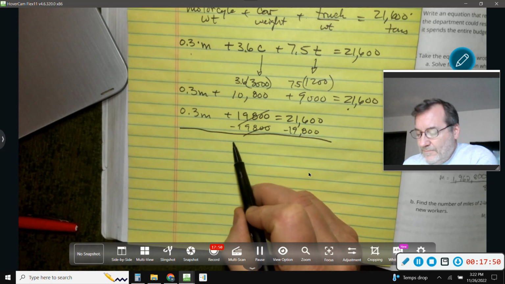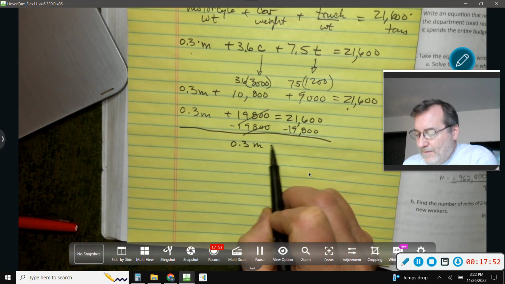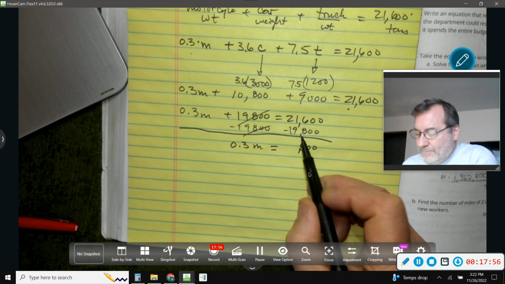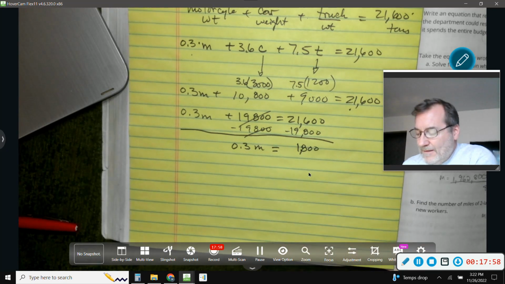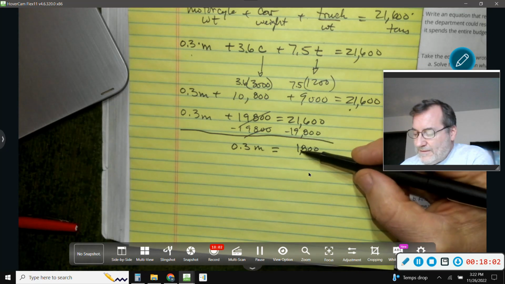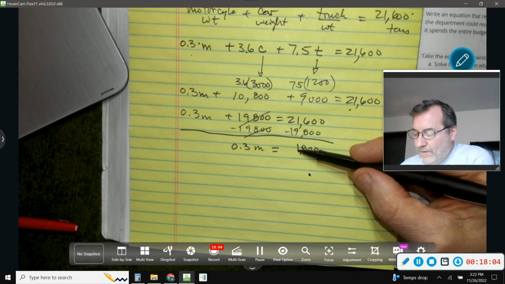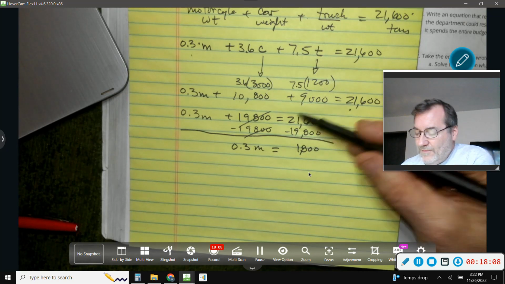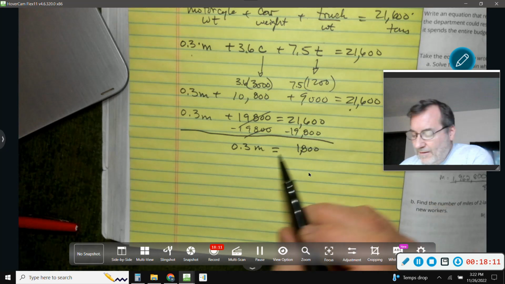Cancel, cancel. 0.3 m will equal, well, if you do the subtraction here, you should get 1,800 tons. So 0 and 0, 8 and 8, 16, carry the 1. 1 plus 1 plus 9 is 11, carry the 1. Yep, it adds backwards.